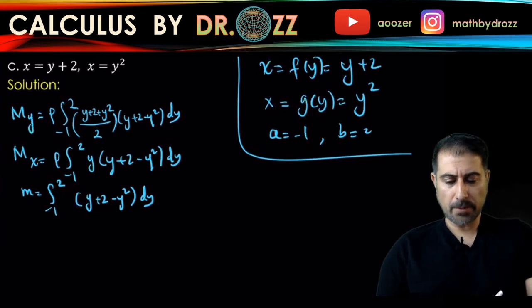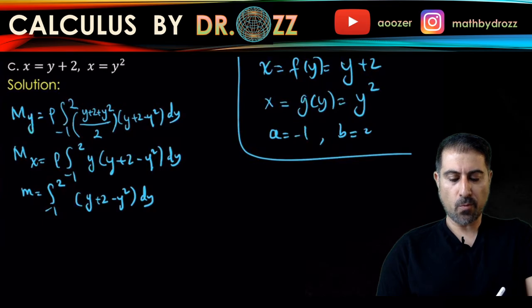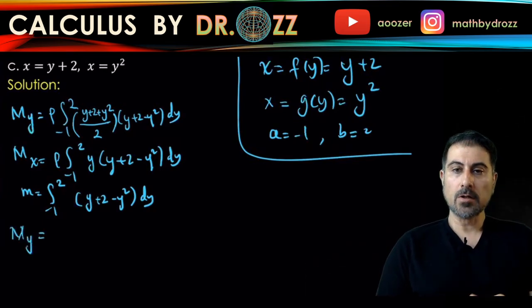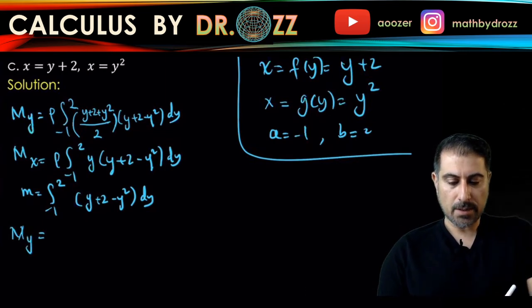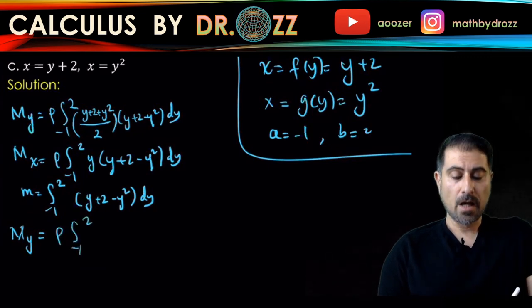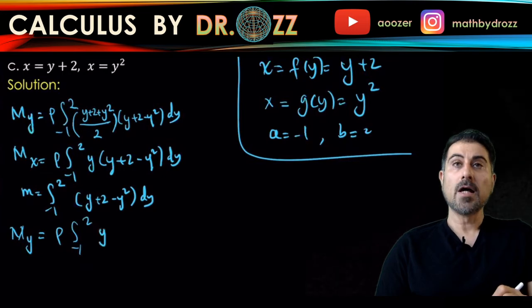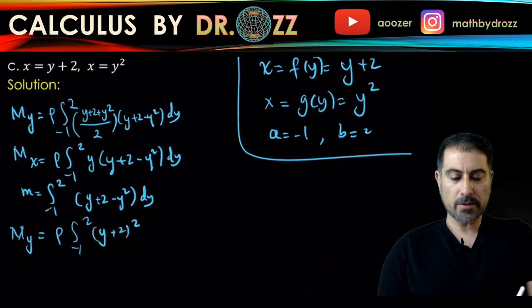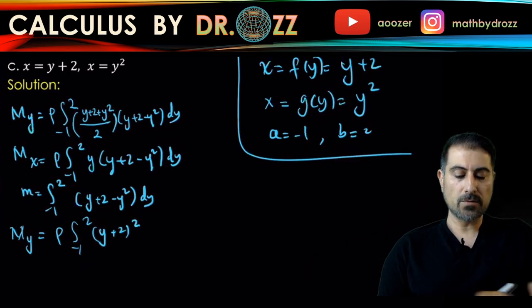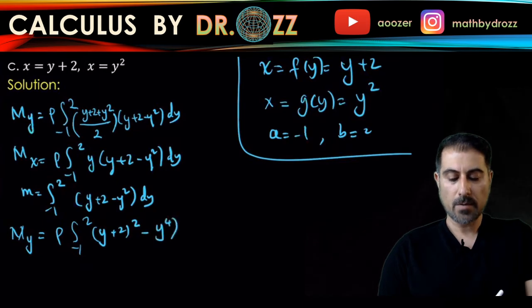All right, first of all, I'm going to rewrite m sub y. And I'm going to skip certain steps here because this video is too long, and will be too long, in fact. So please convince yourself, you can pause any time during the video, okay? So this is going to be y plus 2 quantity squared minus y to the 4th divided by 2 dy, okay?